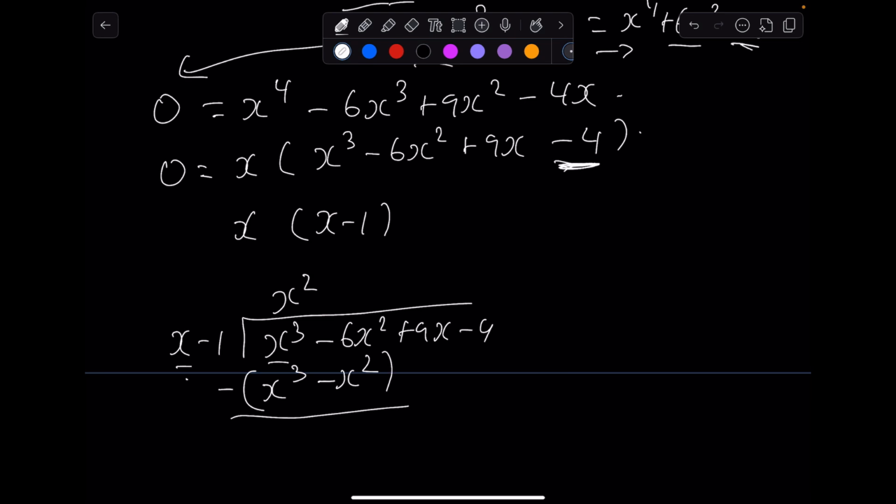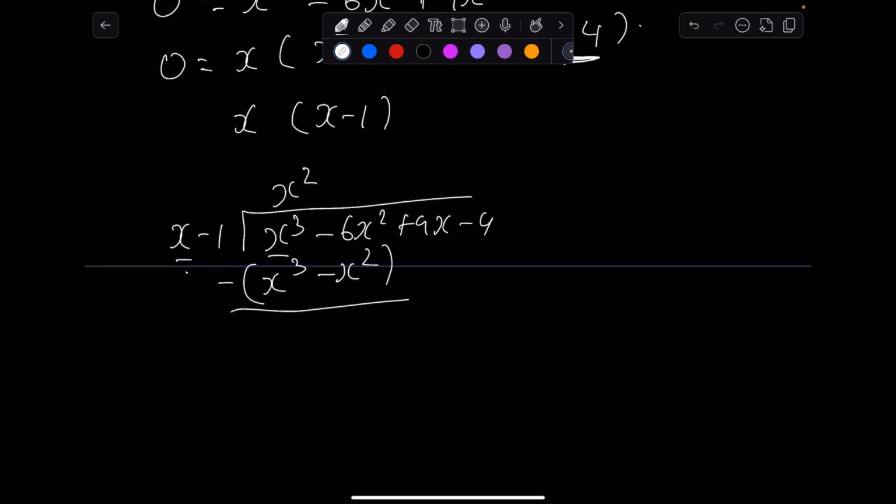Now you take that away, so it's minus 6x squared minus x squared, so minus 5x squared. Take this down, plus 9x. To get from x to minus 5x squared, you times by minus 5x.